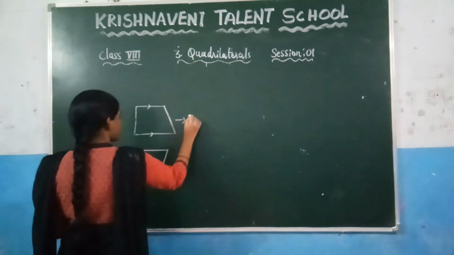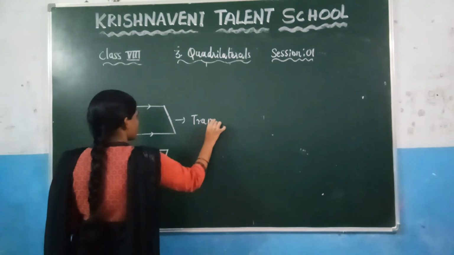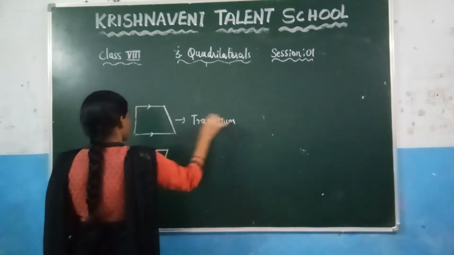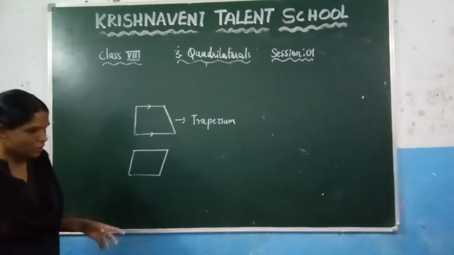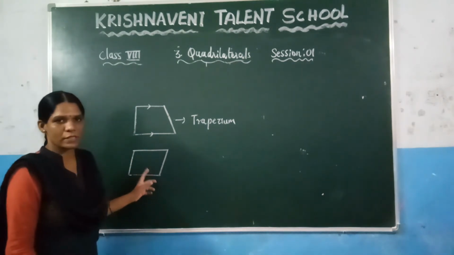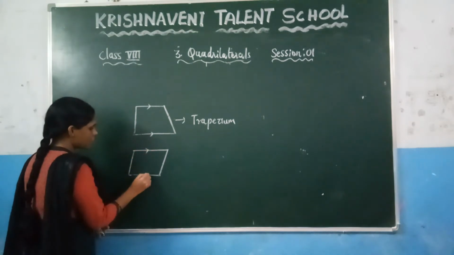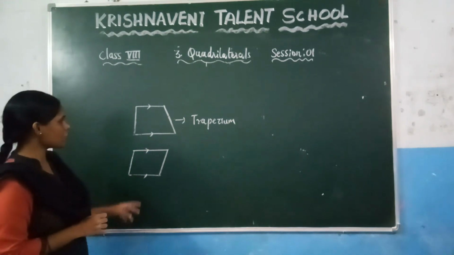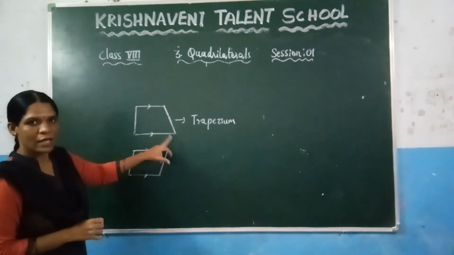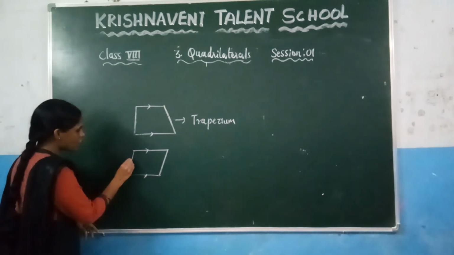For this one we call this one a trapezium. Okay, what is the difference between these two? Here you can observe that similarly it is also a trapezium because one pair of sides are parallel. Here this line is parallel to this side, and you can observe that these non-parallel sides are also parallel.